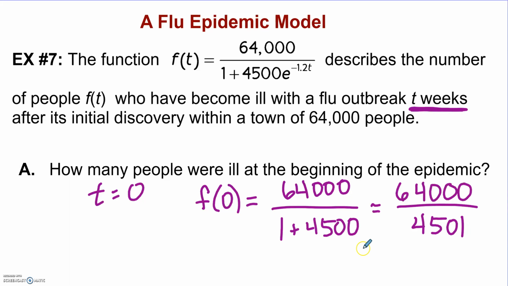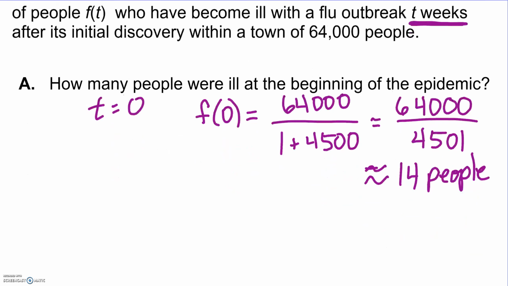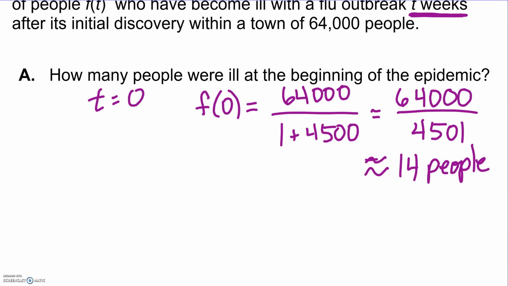Put that in your calculator. I did it earlier. It turns out to be about 14 people. Remember, we're finding how many people were ill at the beginning. This is some sort of decimal, but we want to round to the nearest person rather than having fractional numbers of people. So that's part A.